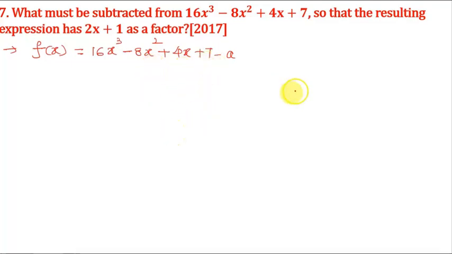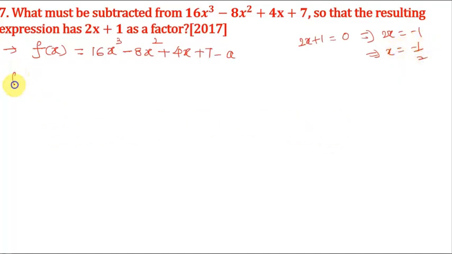Okay. Therefore, 2x plus 1 being a factor means 2x plus 1 is equal to 0. Therefore, 2x is equal to minus 1, which implies that x is equal to minus 1 upon 2.